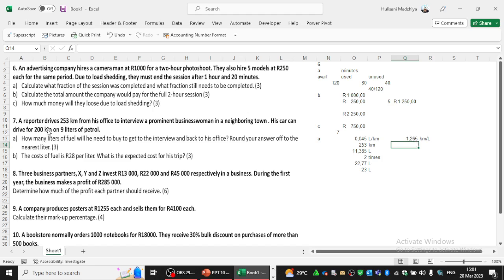Therefore, if his car can travel 200 kilometers with 9 liters, in total this guy will need 9 liters multiplied by the distance above the ones that he is going to travel. Okay, I put an L here.